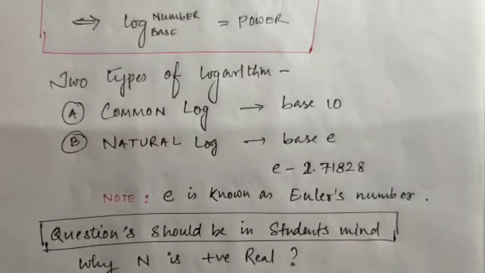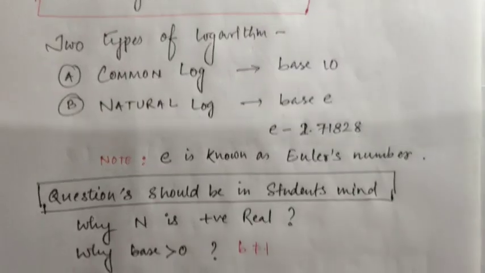So this is a little idea about logarithm. In the next video we'll learn about the properties of logarithm, applying which we will be able to solve problems. Let's say 3 to the power 300 is equal to what is the answer, we can easily solve after knowing the properties. And also the log table.